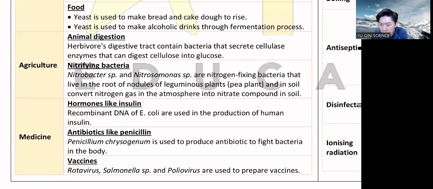Nitrate compound is like fertilizer. Yeah, like natural fertilizer in the soil. Nitrate compound. Natural fertilizers.